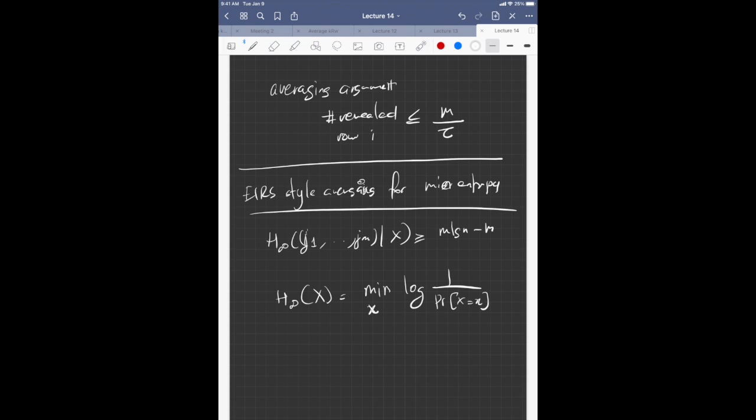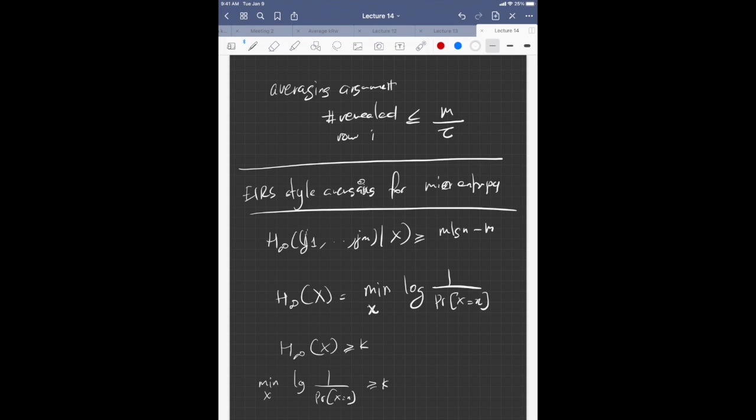So when you say that h infinity of x is at least k, what does that mean? This means that the minimum over all x of log 1 over probability of x equal to x is at least k.